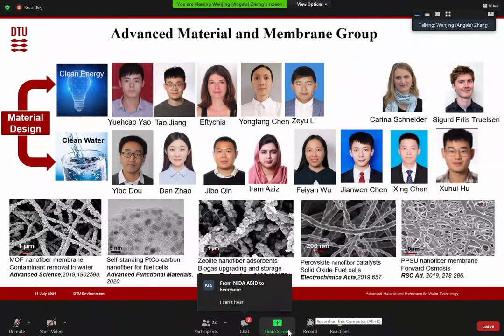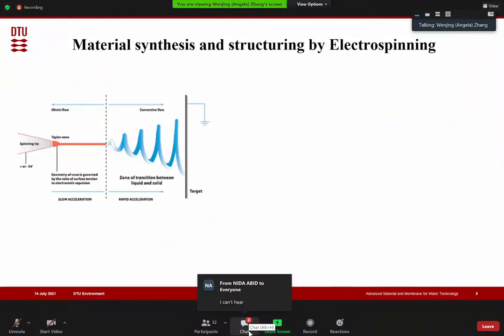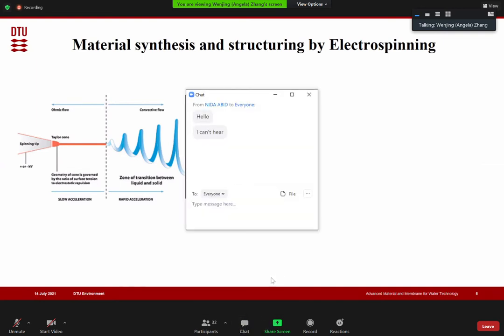It's kind of 1D nanofiber. That's why I want to also highlight one of the shaping technologies we use in our lab, that is electrospinning. Electrospinning is a very efficient technology to make nanofiber materials.